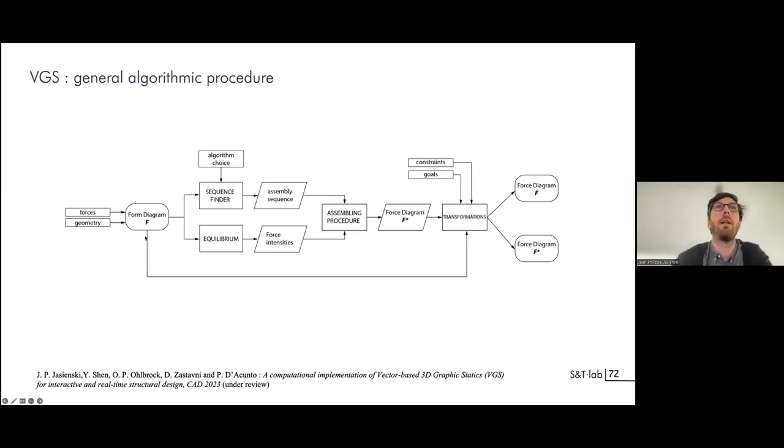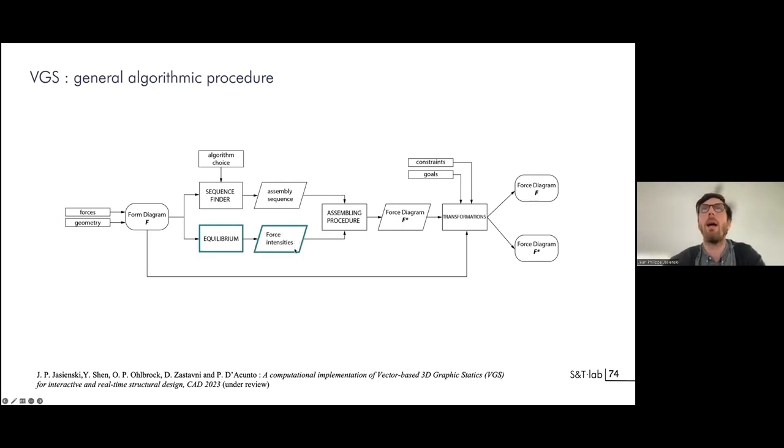So basically, with your forces and your geometry, you can generate a form diagram F. Okay? And at the same time, you can see that this arrow divides into two procedures that are carried out. On one hand, the equilibrium solver that is integrated into VGS will determine the intensity of all the forces in the structure, so all the force intensities.